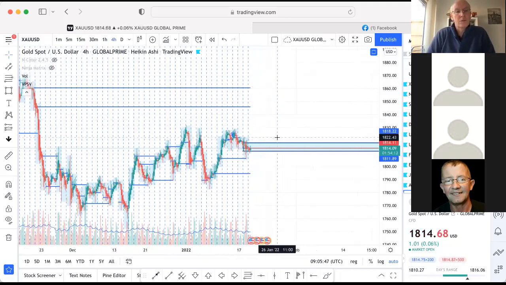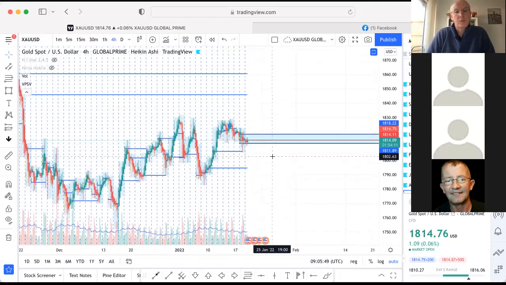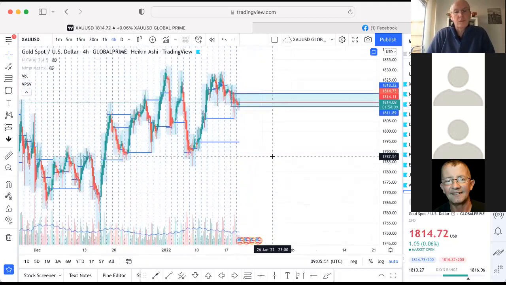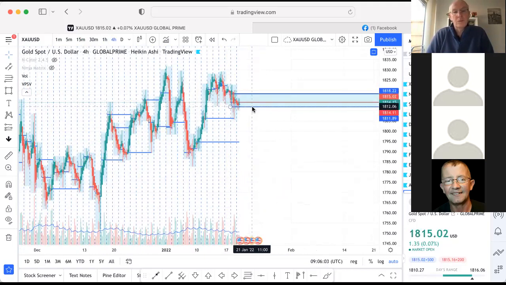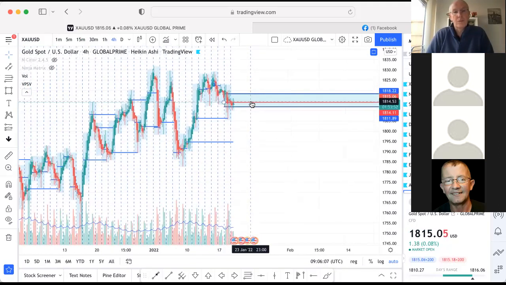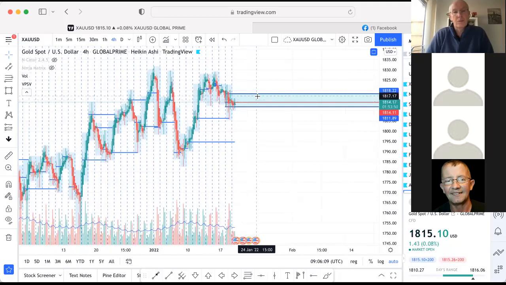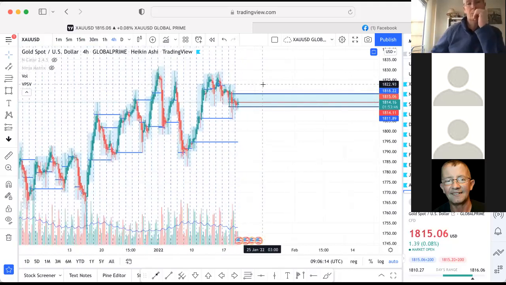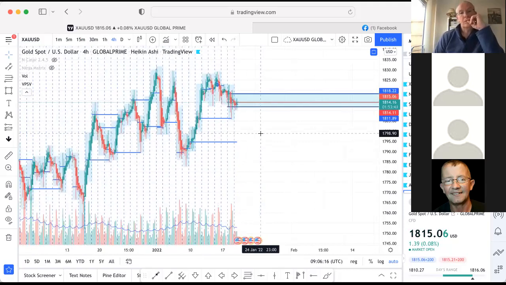So the situation we've got today is we're in the field of play. It's looking likely that until New York opens at 1 o'clock, it's probably going to stay in that field of play. We might get some opportunities to get some pips when it goes back to the POC. But looking at 1 o'clock, 2 o'clock, 3 o'clock this afternoon, we suspect it might go outside.